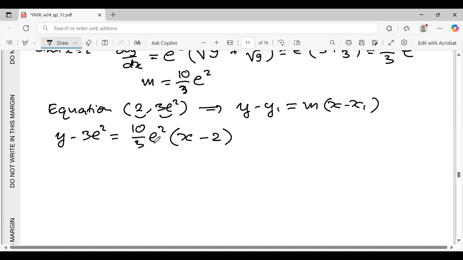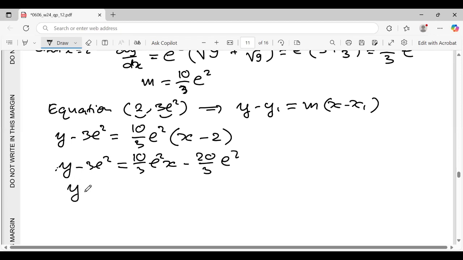I would like to find first 10 thirds e squared times x minus 20 thirds e squared.